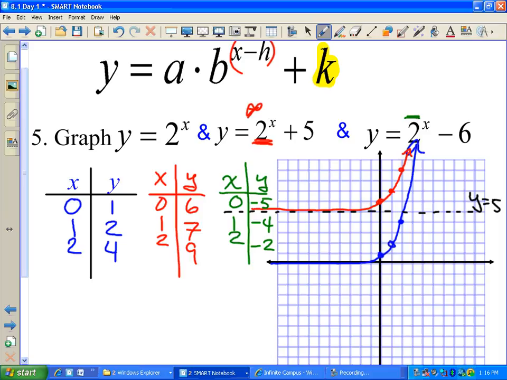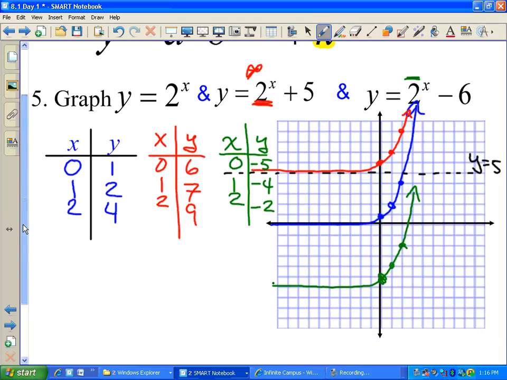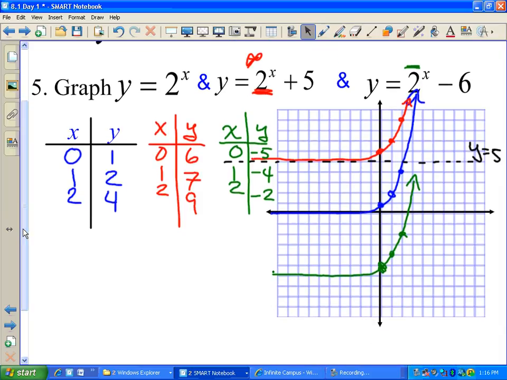So 0 is now negative 5. 1 is negative 4. 2 is negative 2. And again, recognize that my asymptote is at y is equal to negative 6.